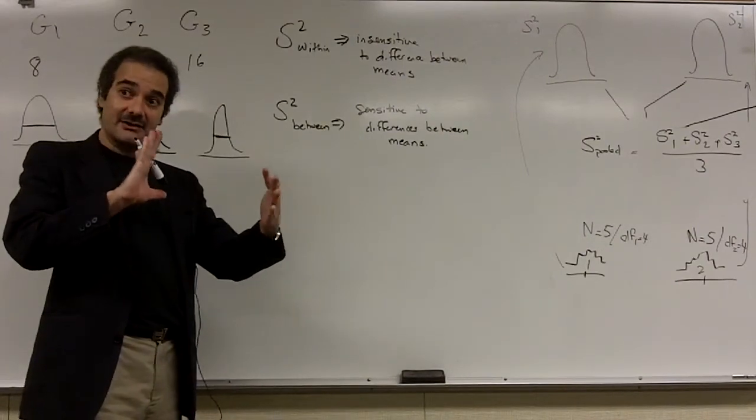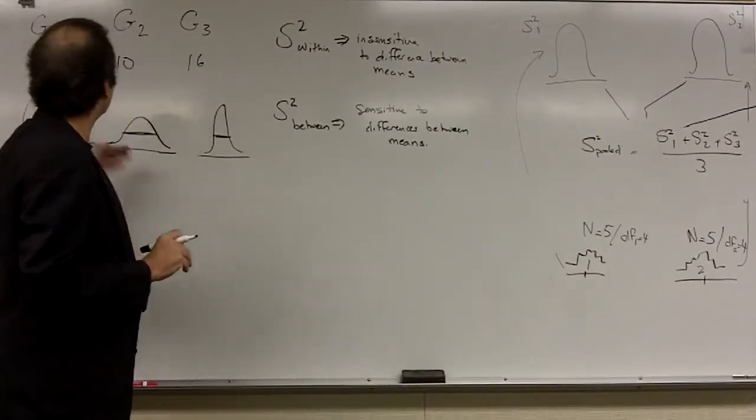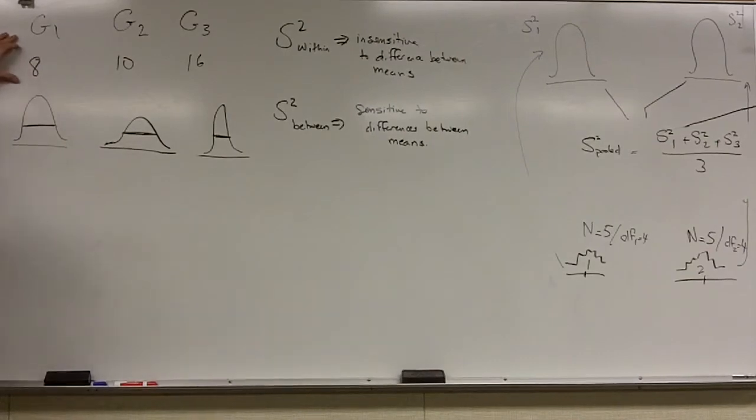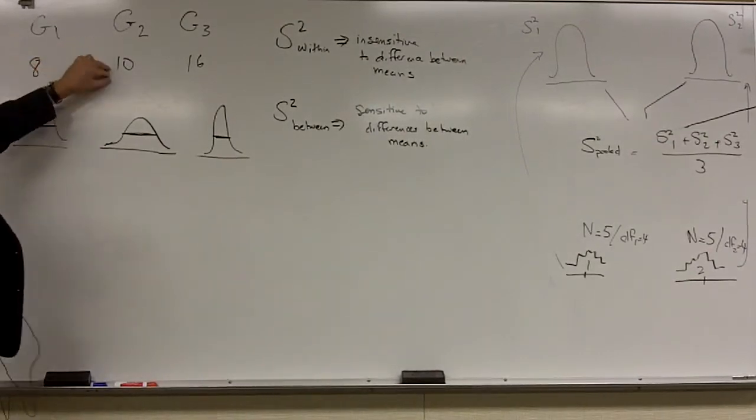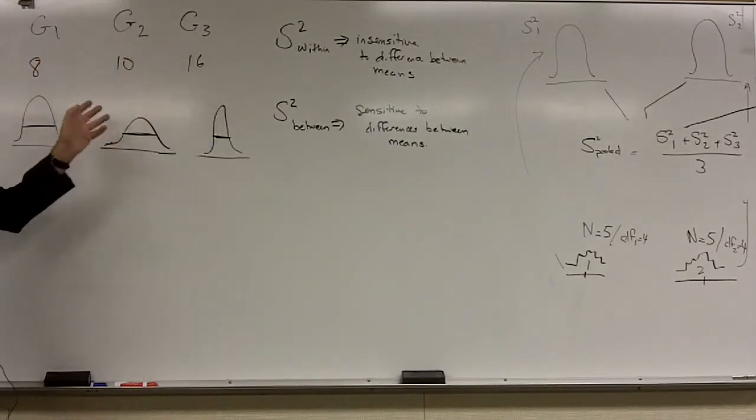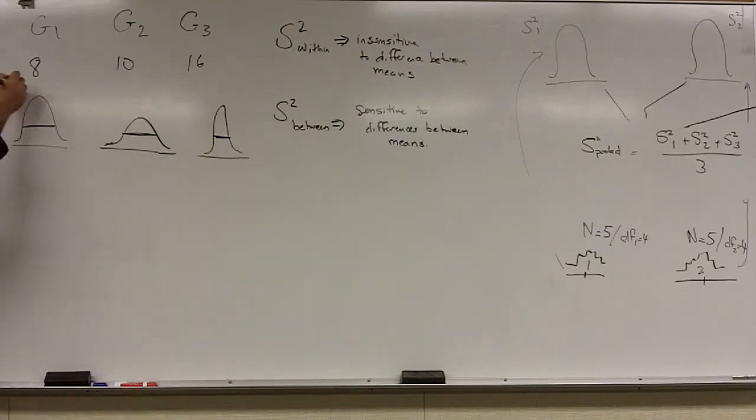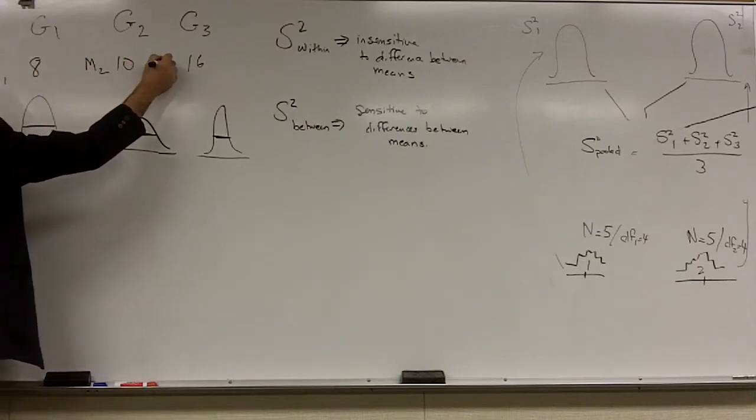So look at these three means. We have group number 1, 8, group number 2, 10, and group number 3, 16. These are their means. This is M1, M2, M3.